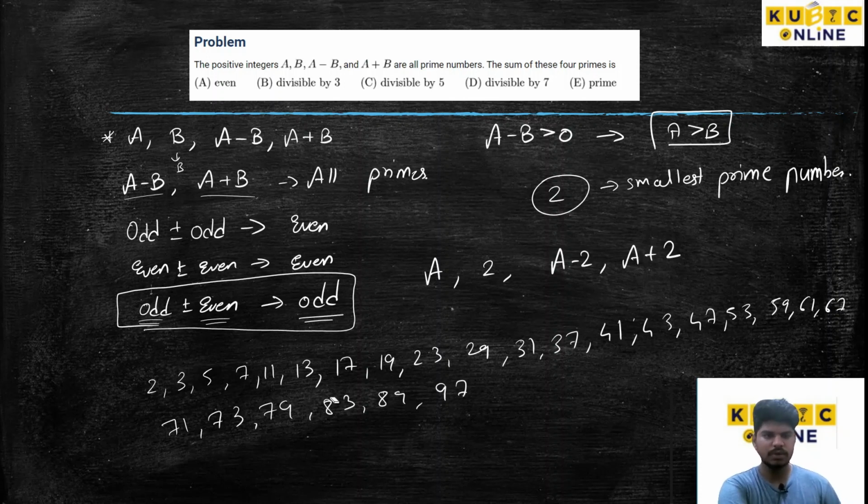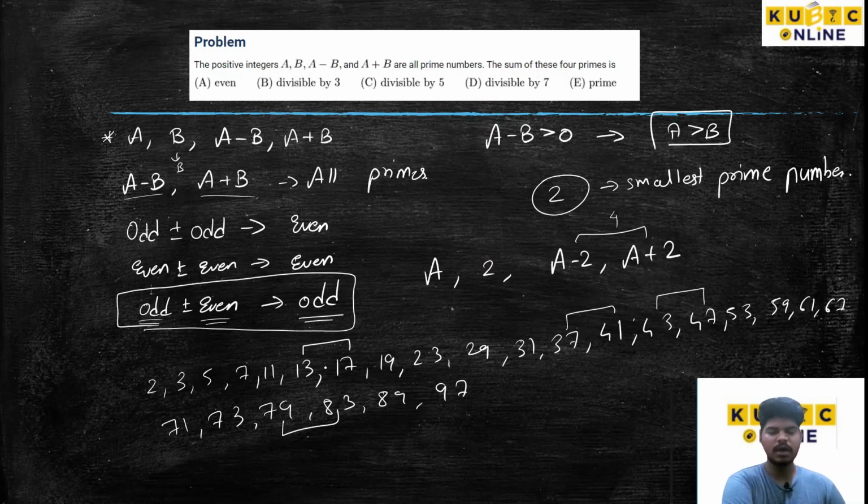Okay, so among these prime numbers, let's see whose difference is 4. This difference is 4. Then this difference is 4. Then what all is there? 59, no, 57, no, 47. This difference is 4. This is 4.